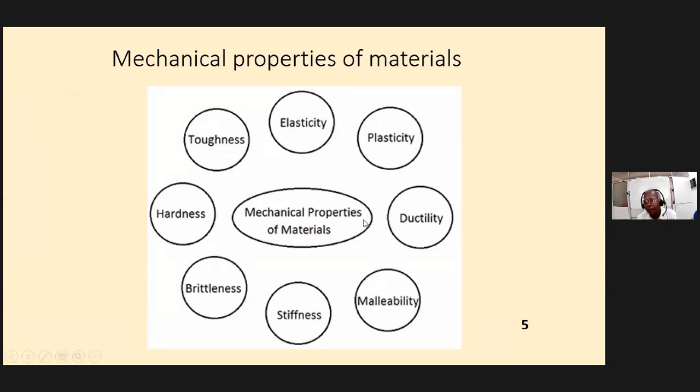Property may be changed by providing some external force or pressure, but character does not change. That is why I have mentioned all these: elasticity, plasticity, ductility, malleability, stiffness, brittleness, hardness, toughness. These are mechanical properties.